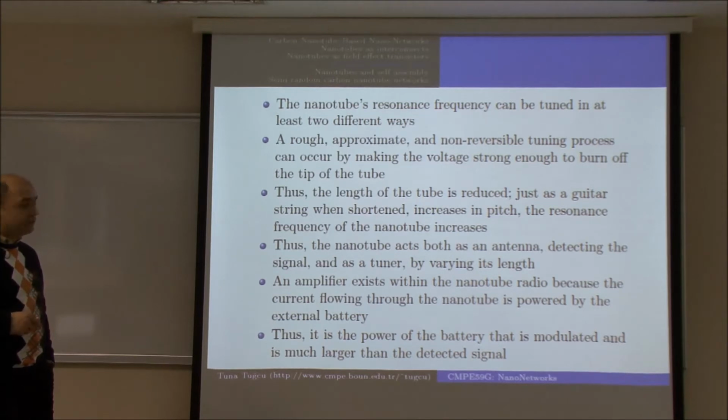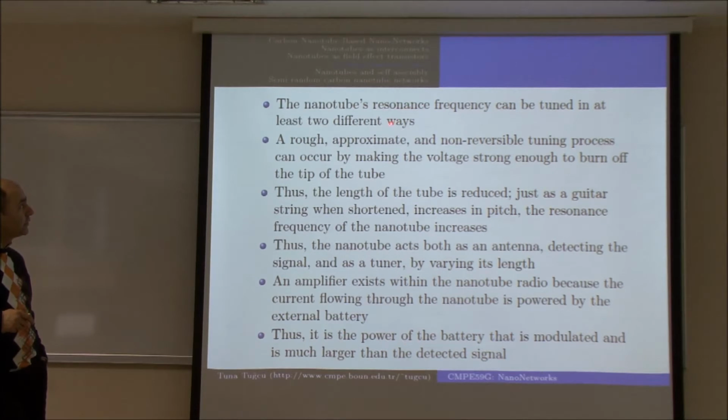So we can tune the nanotube's resonance frequency in at least two different ways. A rough and approximate and non-reversible, that's important, way of tuning would be actually burning part of the carbon nanotube to make it shorter.